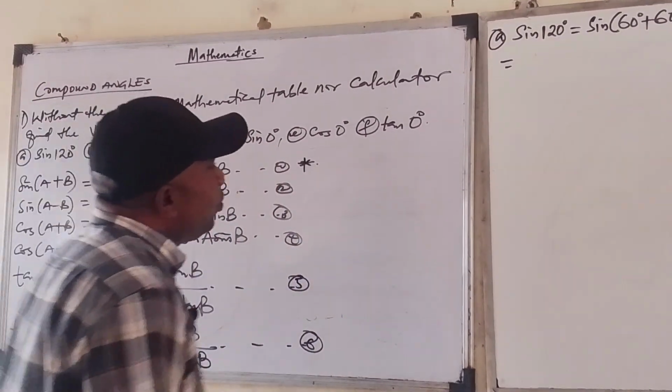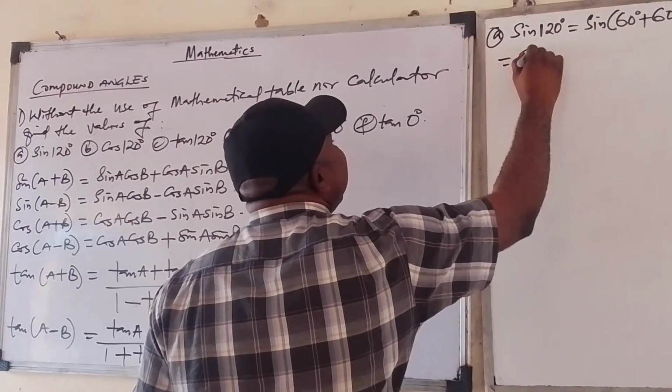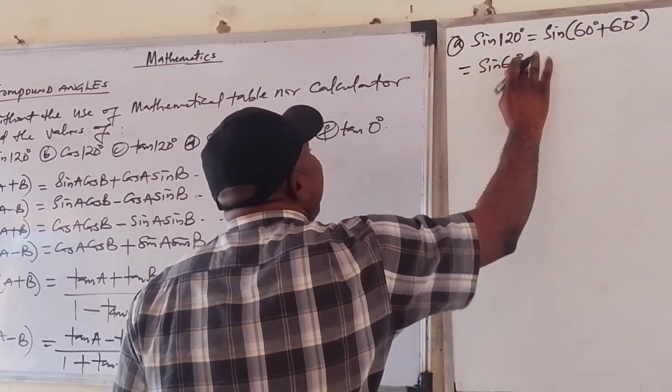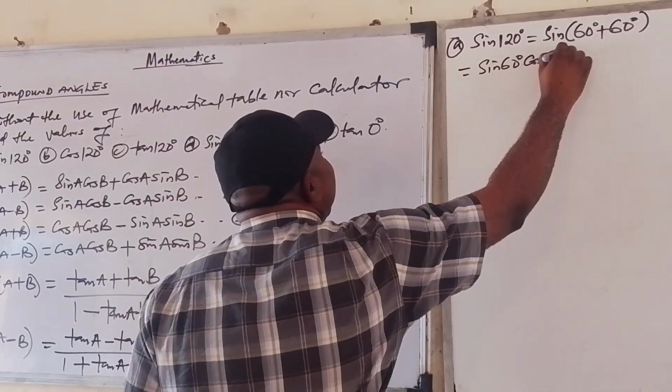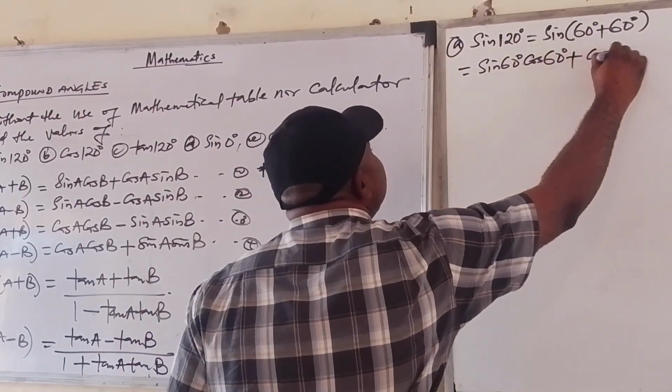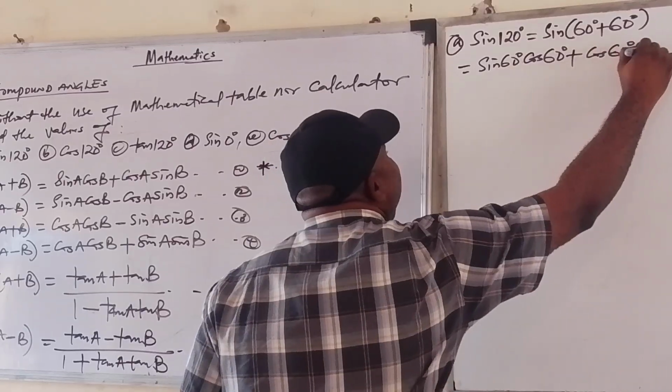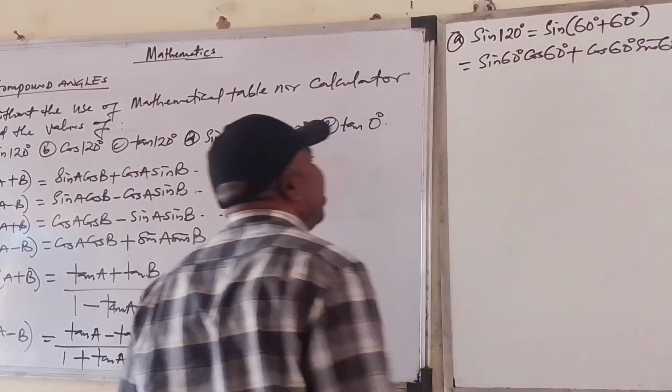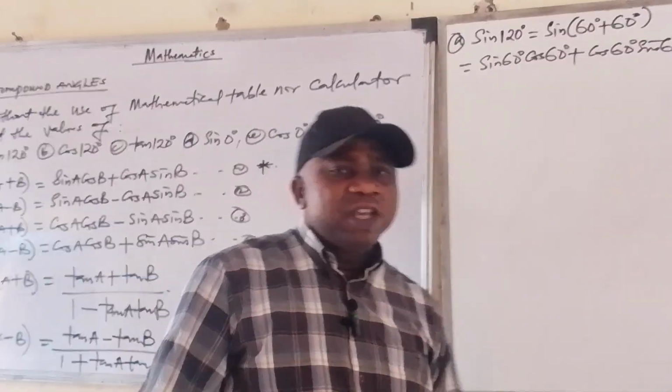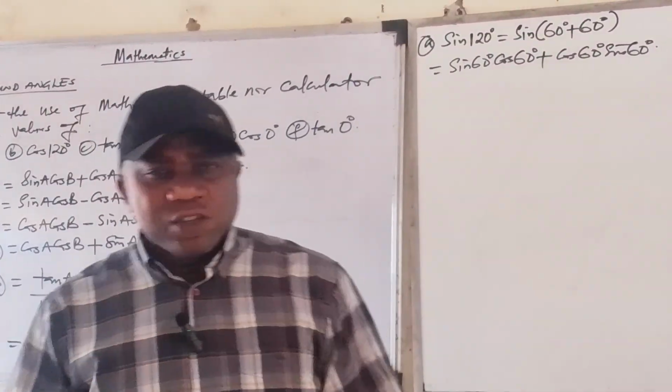Now this is the same as saying sine 60 cos 60 plus cos 60 sine 60, because sine A plus B is sine A cos B plus cos A sine B.